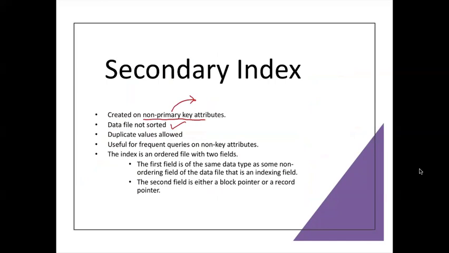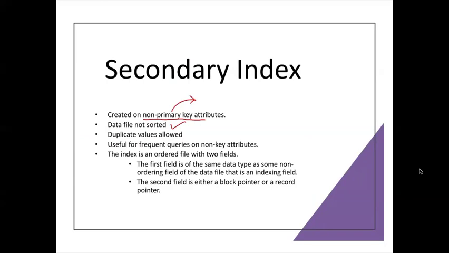And it is very useful for frequent queries on non-key attributes. So if our application requires that we access the data frequently on non-key attributes, then we should go for the secondary index also.